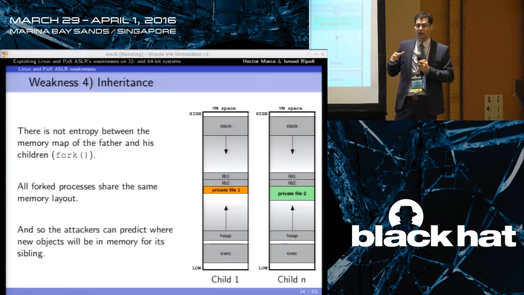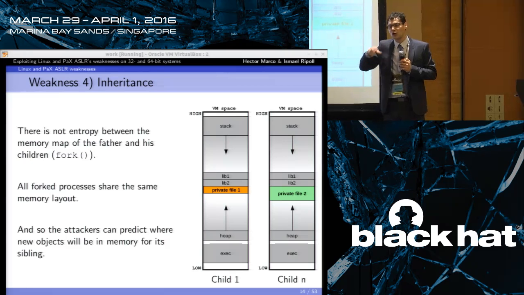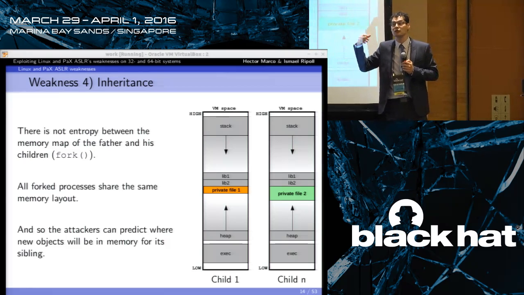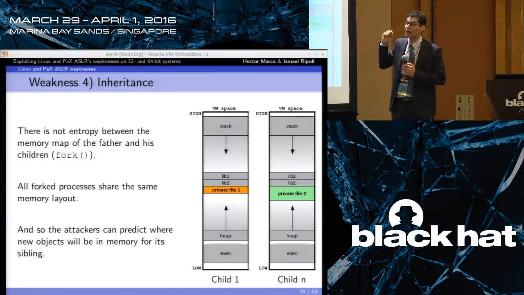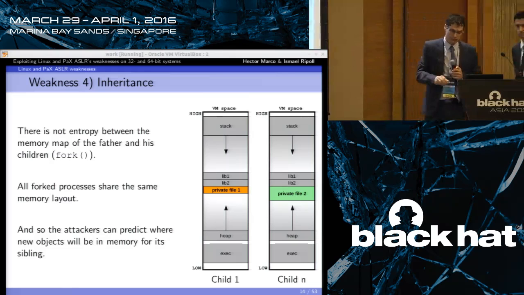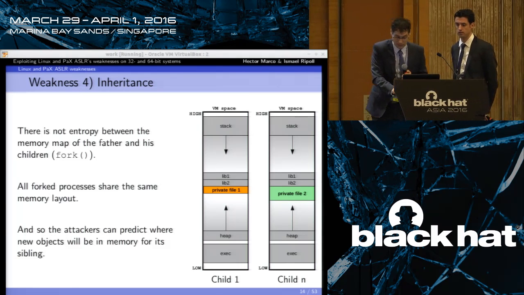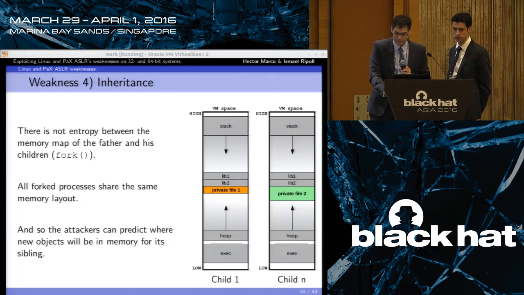So in other words, I am a child of a process, and all my siblings, I can imagine what the future positions of the maps are going to be. So I can know the future layout of all my siblings. That is the typical behavior of fork, but that's how it works.